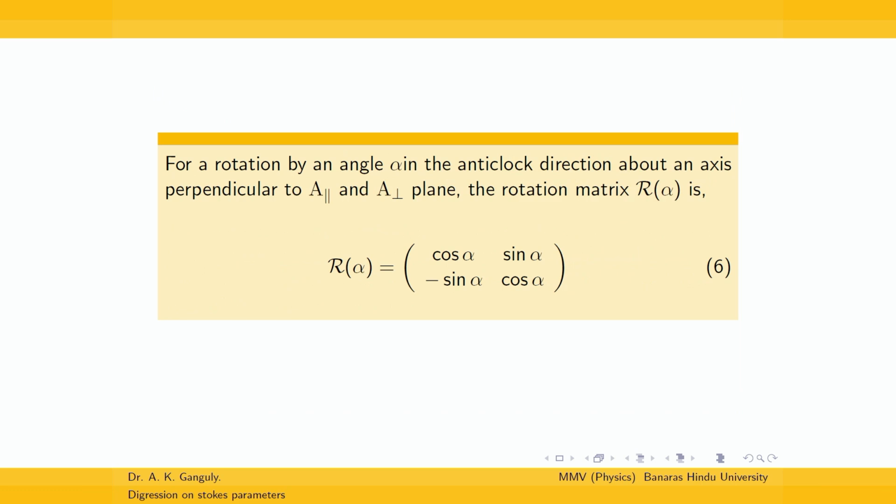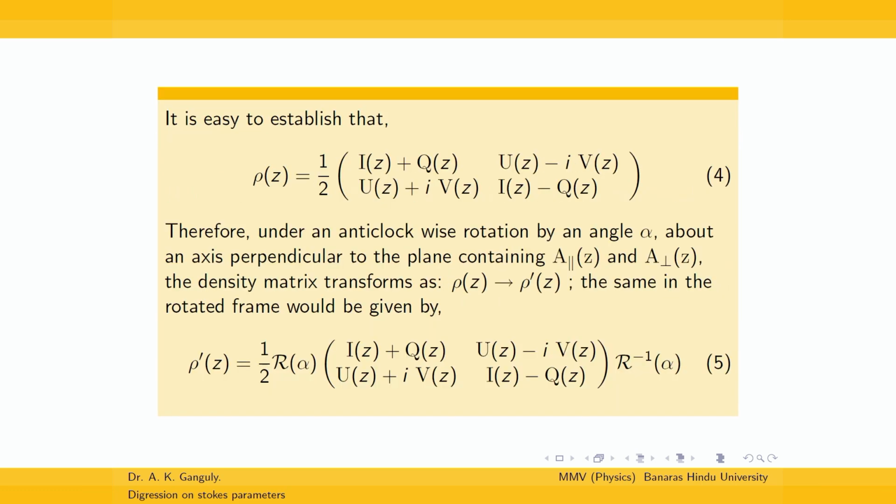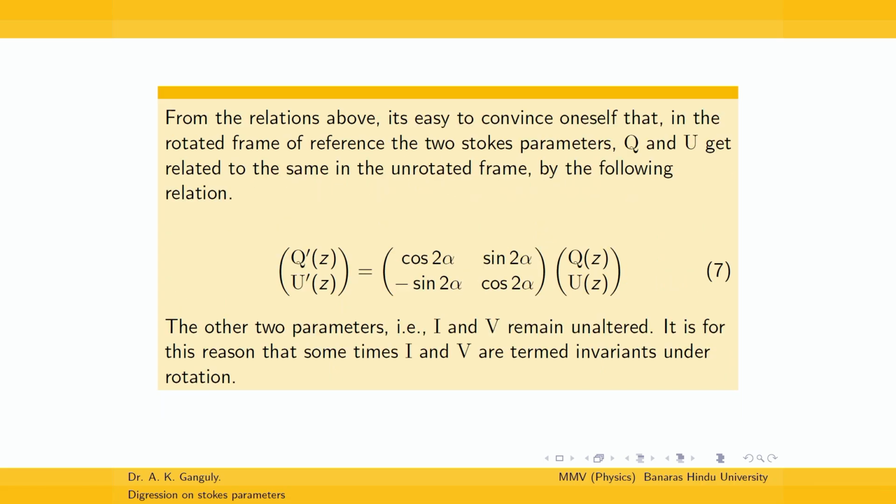And the upshot of this whole exercise is the rotation by an angle alpha of the observer or the emitter can be described by the following changes in the respective variables of q, u and v, that shows that only q and u take part in this rotational transformation and the other two remain invariant.